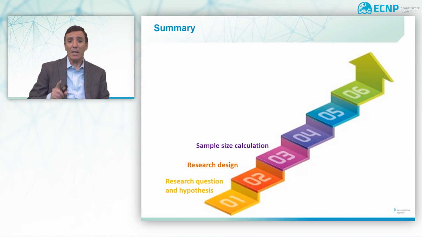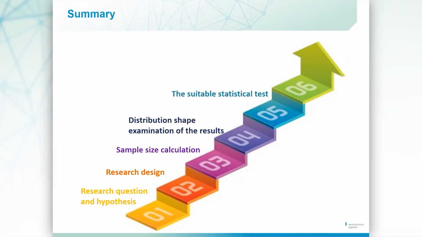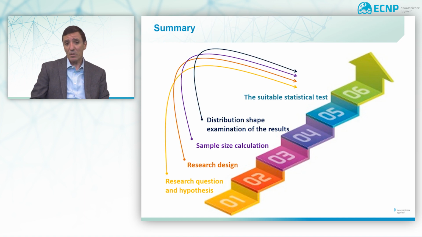Be aware of artifacts that may stem from exceeded sample size. In the fourth step, after obtaining the study's results, we need to examine the distribution shape of every continuous measure. In the fifth step, we should decide as for the suitable statistical test, which actually stems from the previous steps. And the next step is hopefully a significant publication.